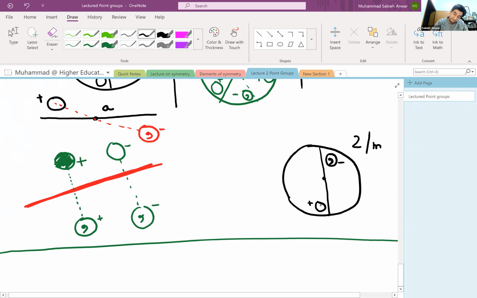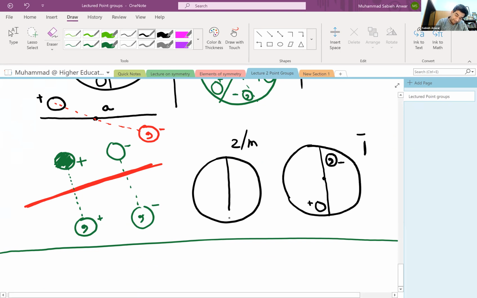This is one bar, but 2 forward slash m is the following, and there's a difference. This is 2 forward slash m, and this is pure one bar.